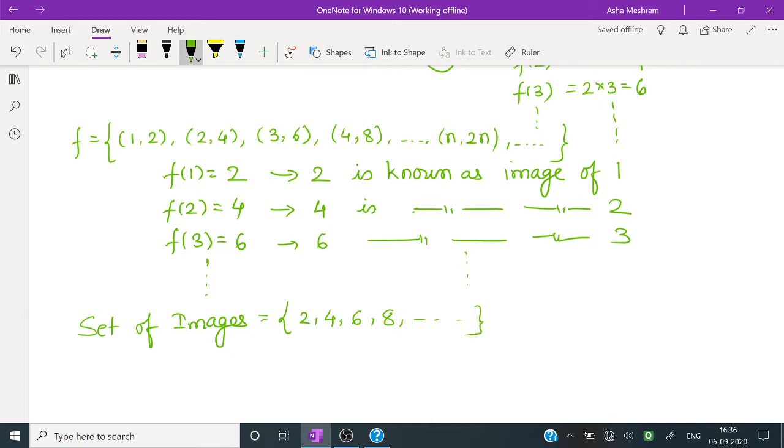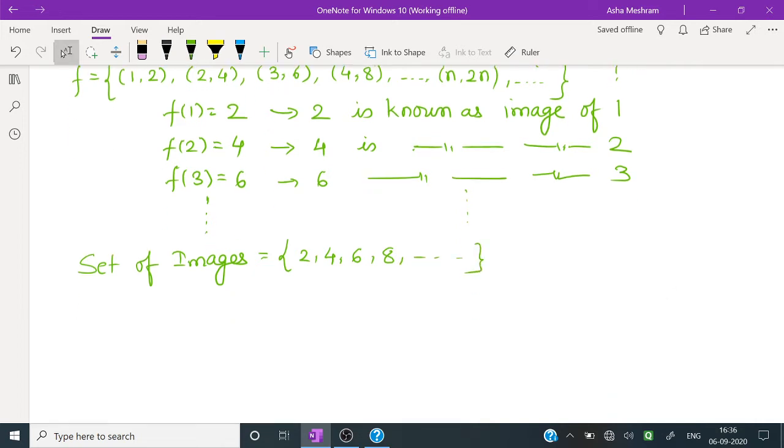So this is nothing but the range of a function, and this is always the subset of codomain.